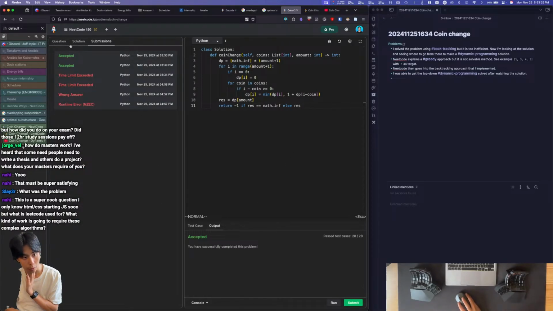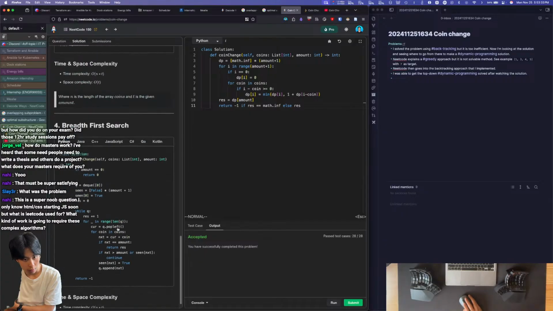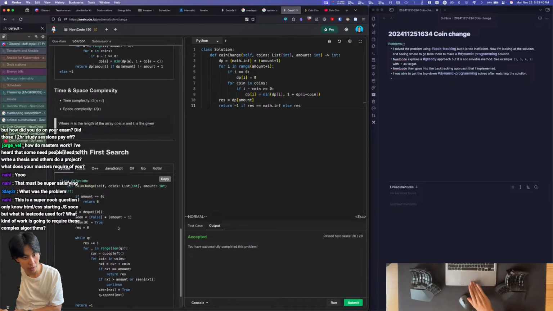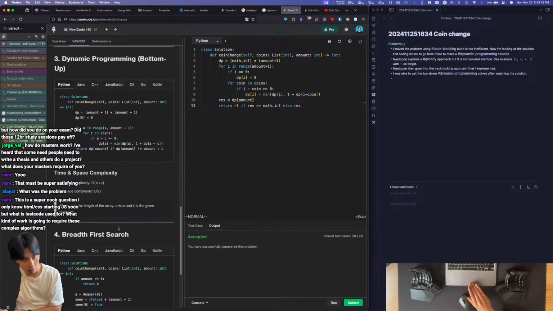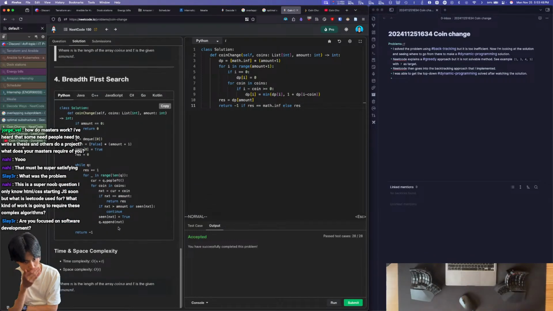Okay, so the bottom-up approach works, and I vaguely understand it. And a breadth-first search approach. Why would you ever want to do a breadth-first search approach? I can understand how you can't make it a space-optimized bottom-up.